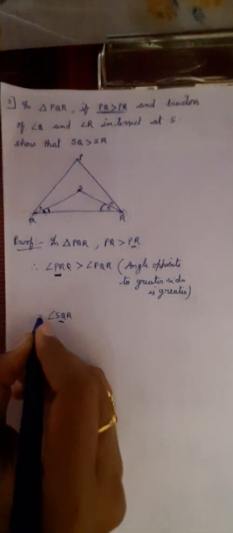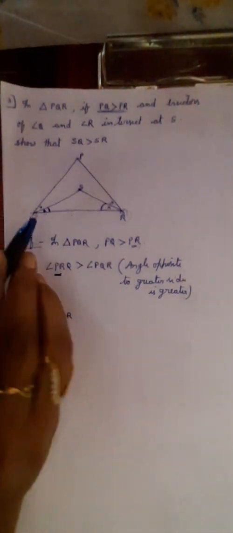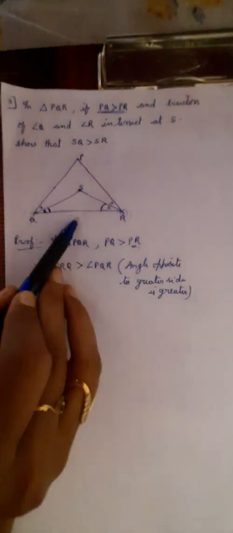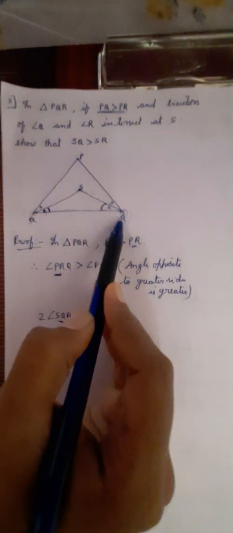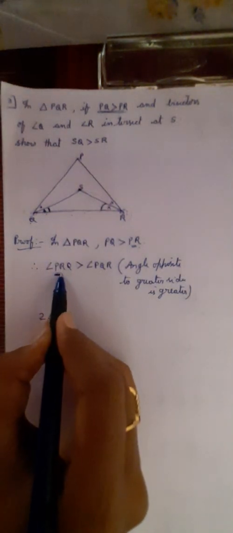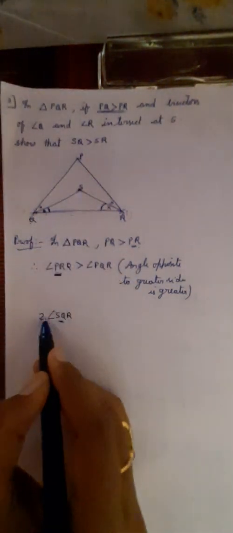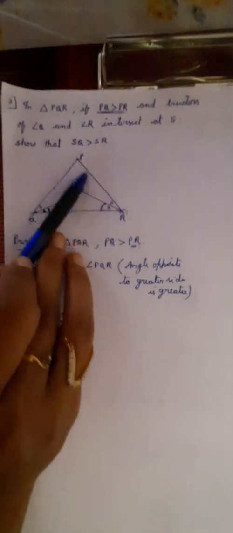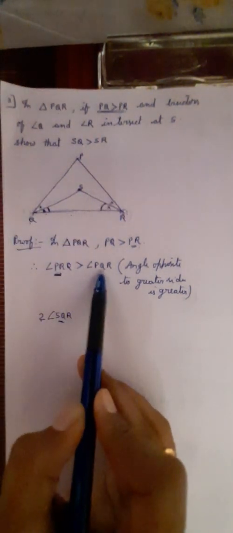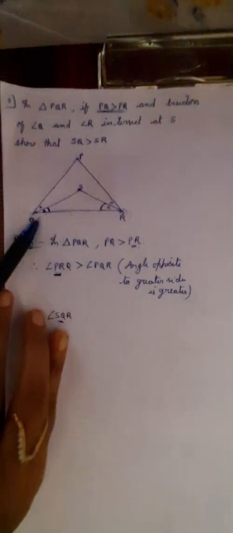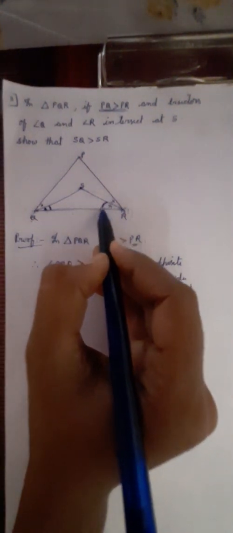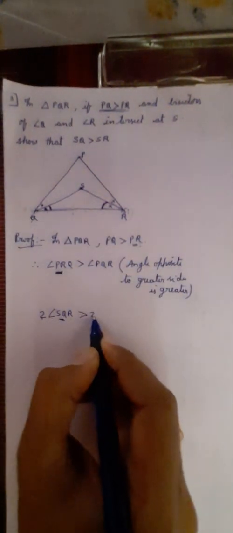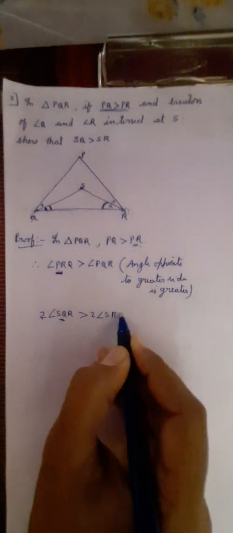That means 2 I will take. Double of SQR. If I multiply 2 here, that means double, that is equal to PQR, is it? So instead of PQR, I will take the half angle 2 times. Similarly, instead of PRQ, I will take half angle SRQ, 2 times, 2 into SRQ.